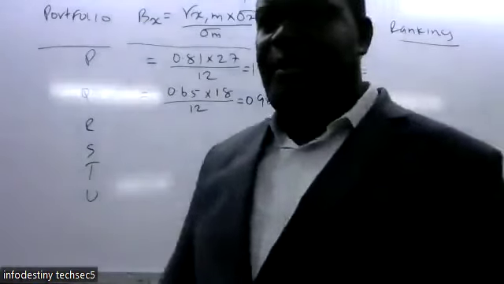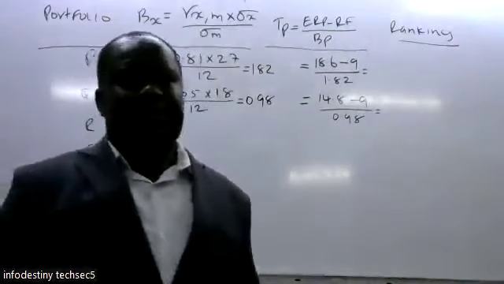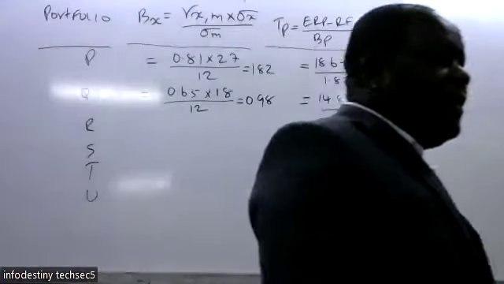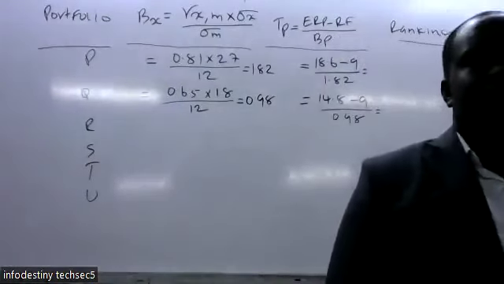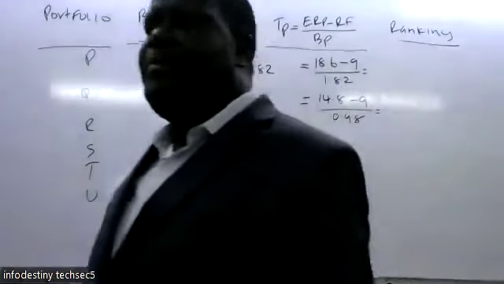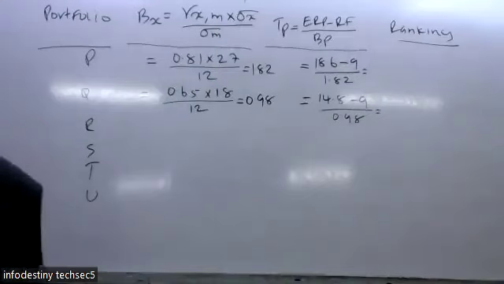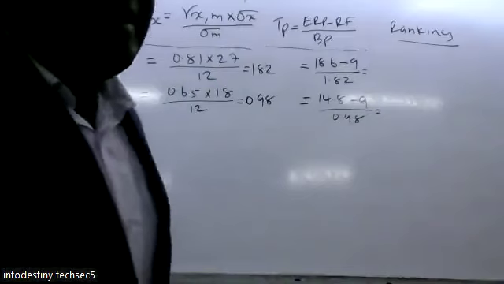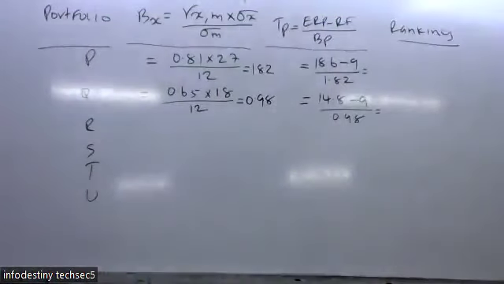So number one is that the Sharpe method uses the standard deviation, while the Treynor method uses the beta factor.